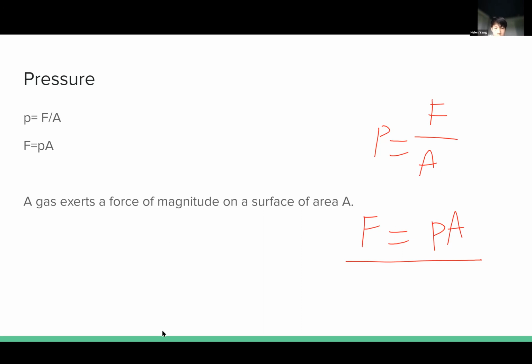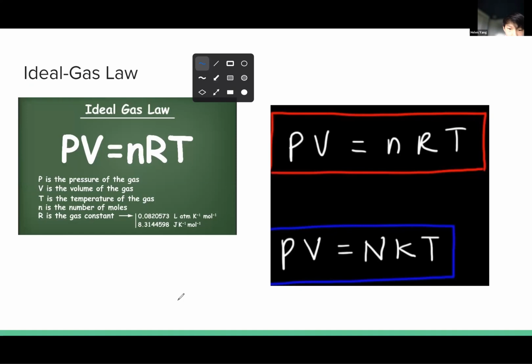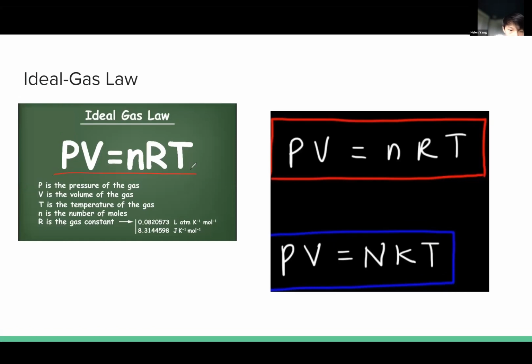Okay, so now these are the ideal gas laws. This one is the most common version. P is the pressure of the gas, and V is the volume of the gas. You multiply those, and it's equal to the number of moles times R, which is the gas constant, and it's given right here.